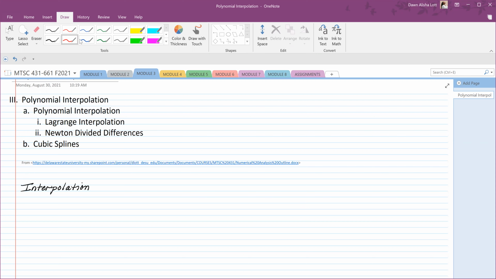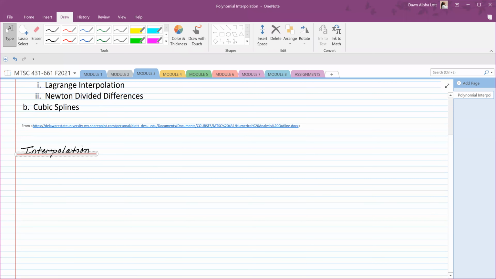Does anybody know what interpolation is? Okay. So let's say we know the value of a function at a set of points.